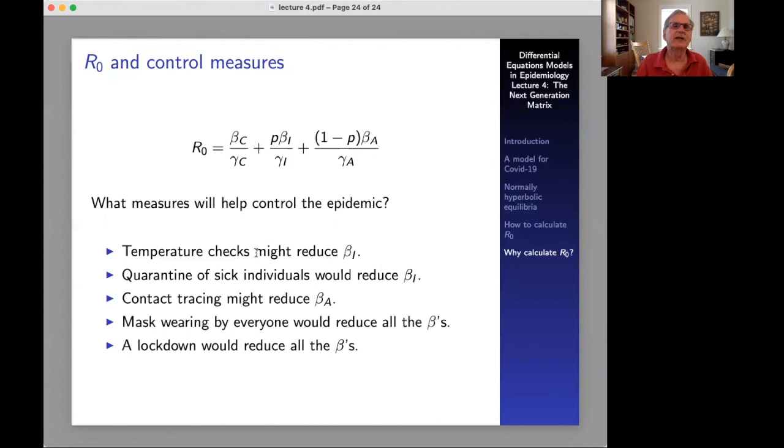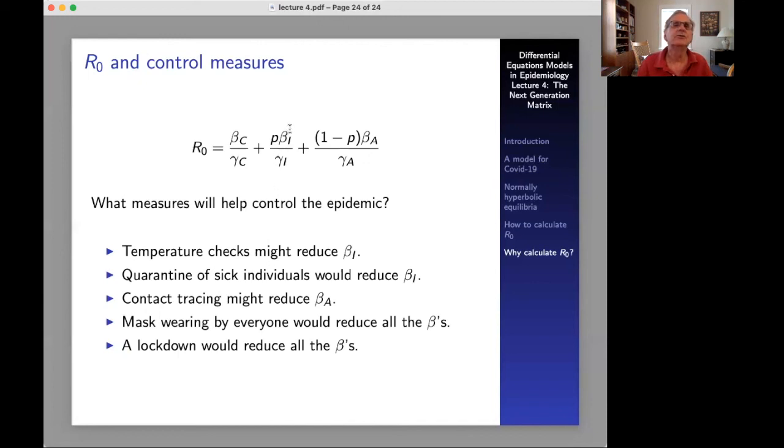What about temperature checks, like when you enter a shopping mall or a restaurant? What's a temperature check going to do? A temperature check will determine whether an individual has full-blown symptomatic COVID, whether he's in the compartment we call I. If you turn up such an individual and you don't let him into your restaurant or your shopping mall, and tell him to go home, what you're doing is reducing the number of people that he's going to contact because you're sending him home.